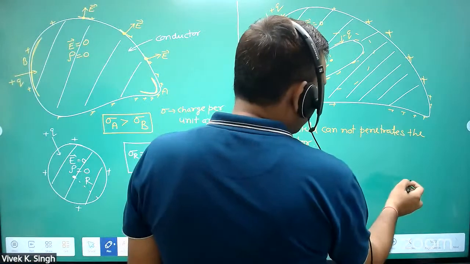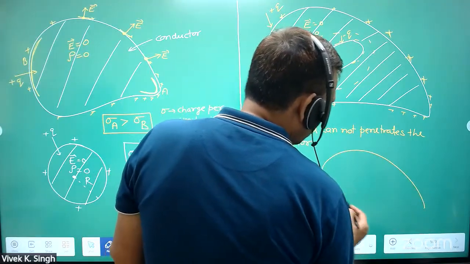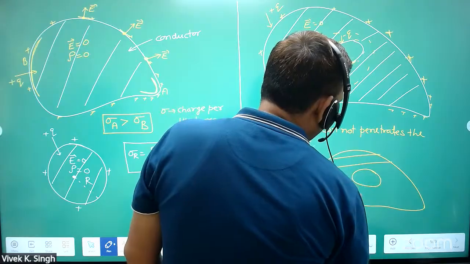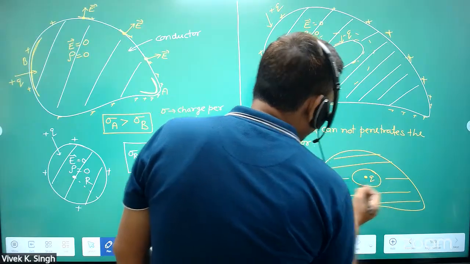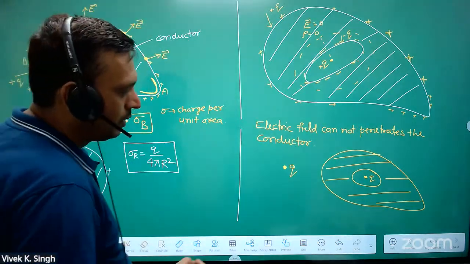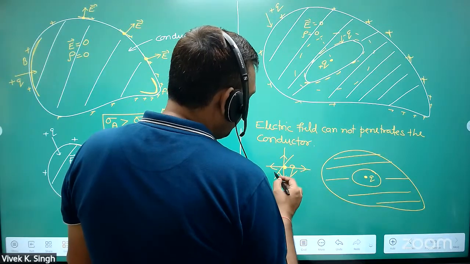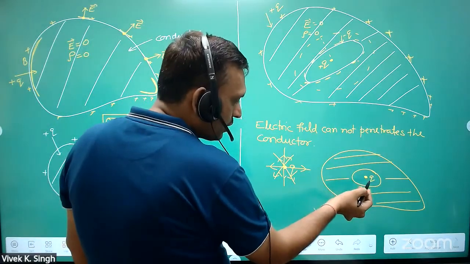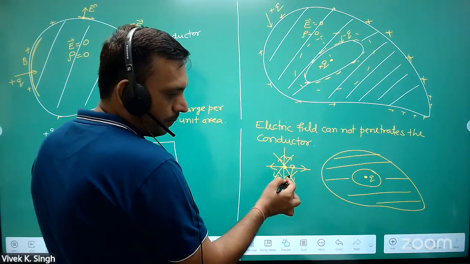So it means, let's see, if there is a cavity inside, and let's place a charge Q here, and outside, if you are placing some charge Q, there will be an electric field due to this charge plus Q. But the charge inside will be unaffected by the charge outside.